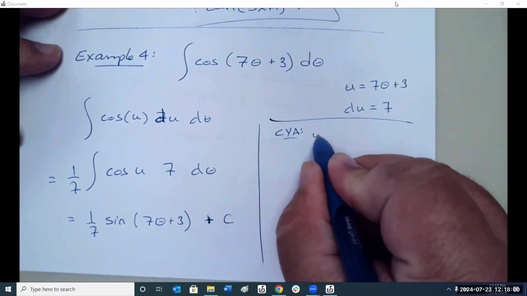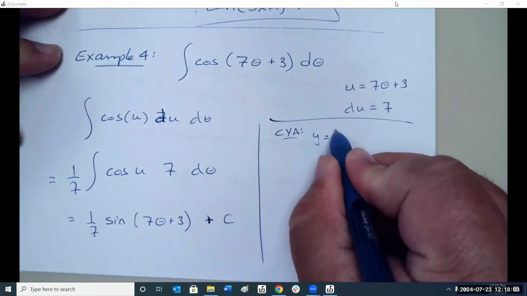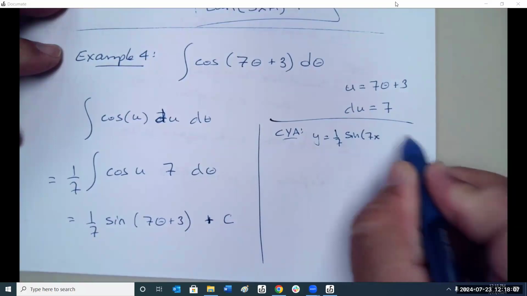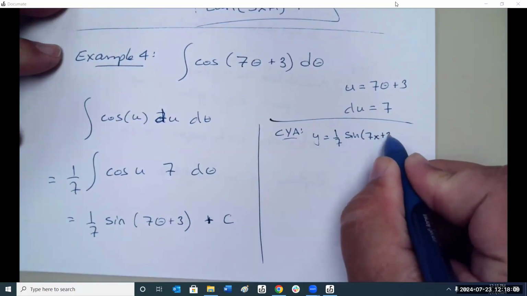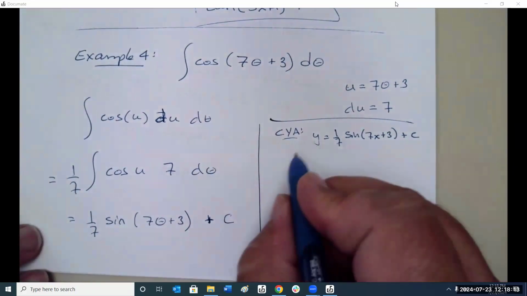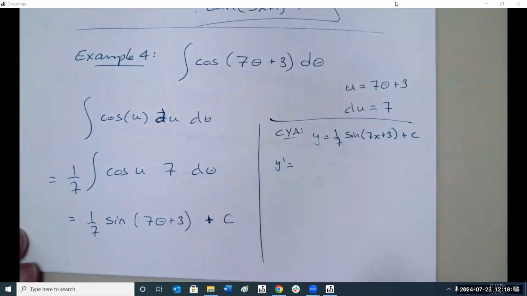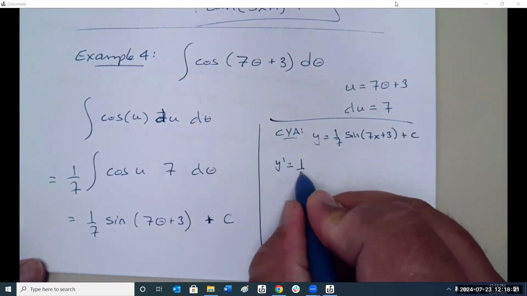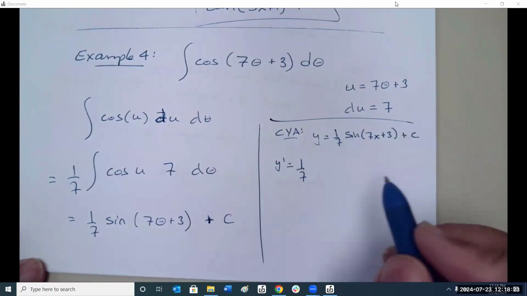So we have y equal to 1/7 sine of 7x plus 3, plus some constant. Find y prime. The constant stays there, the 1/7 stays there.